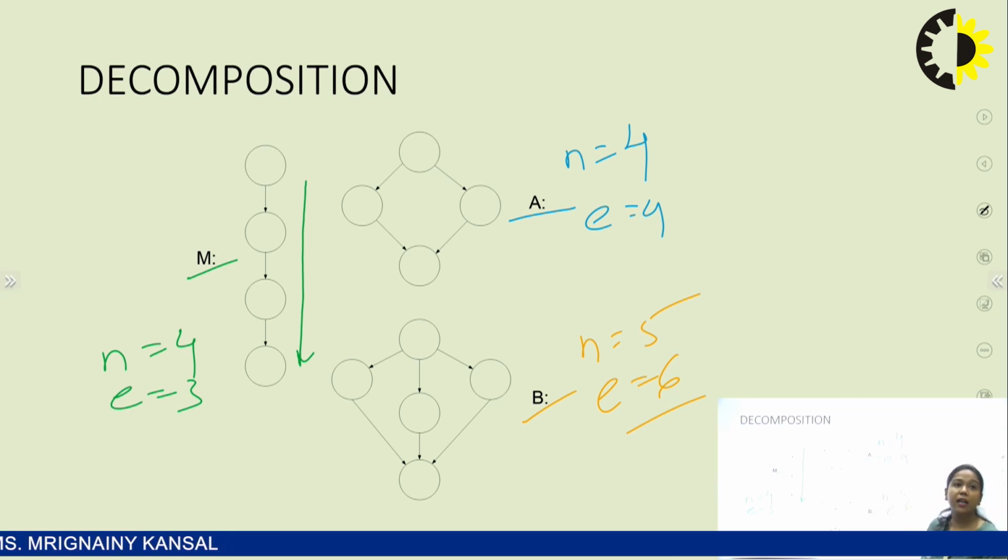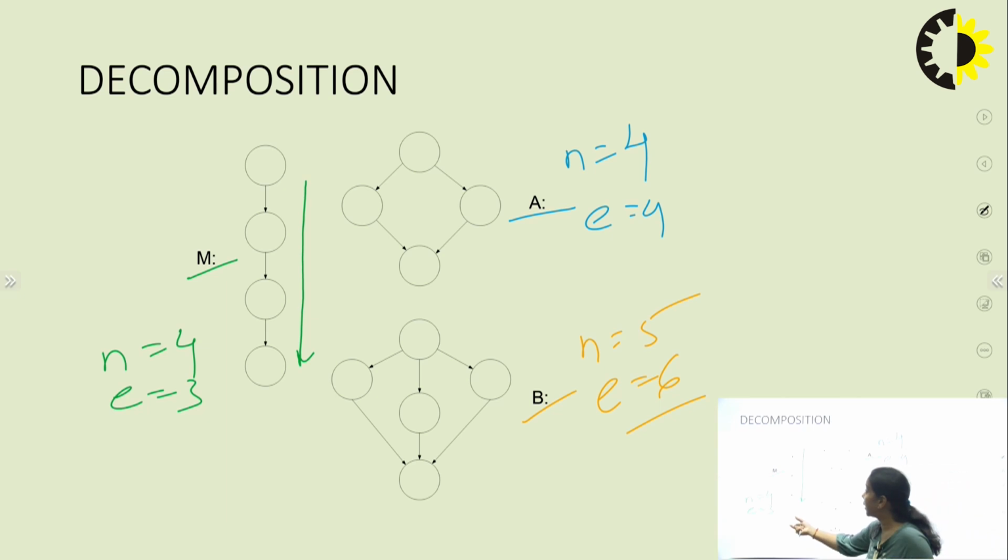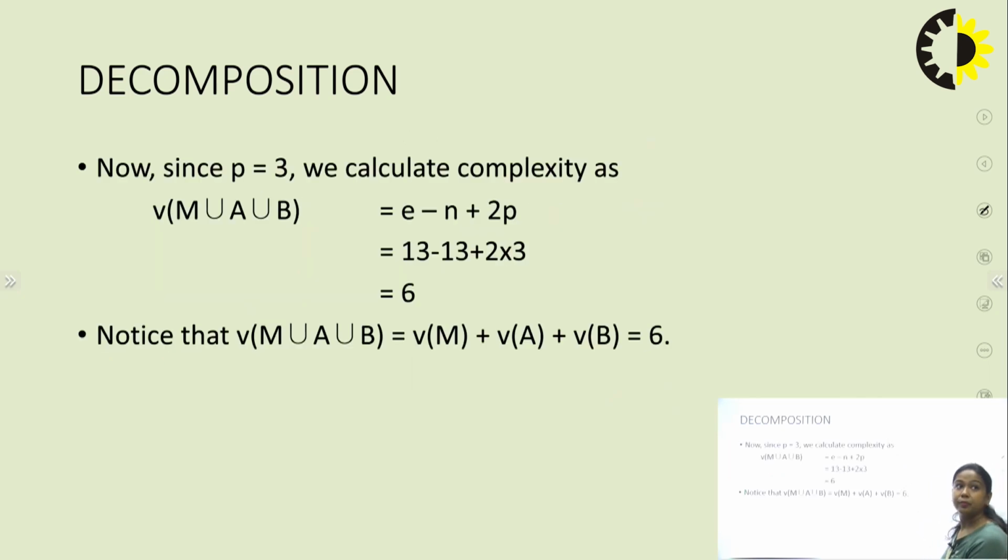This is all the calculation we are doing with the help of the decomposition of the graphs M, A and B. Every graph has different values of edges and nodes. Now, since we have 3 different disconnected graphs, the value of P will be 3, because there is not only a single graph; we decompose the graph into 3 different components.